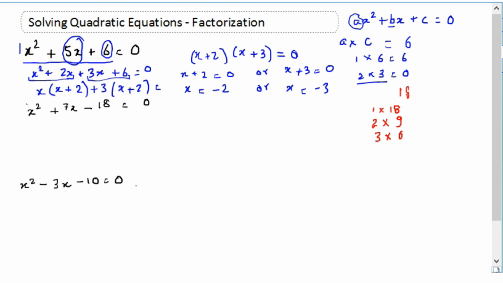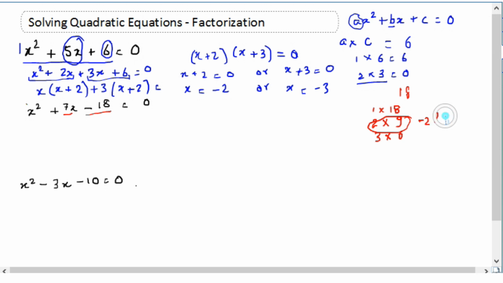So what we want is 2 numbers which added or subtracted together give us 7, and when multiplied together give us minus 18. So we see that these are the 2 numbers we want, and to get positive 7 we'll have to take the numbers as negative 2 and positive 9.